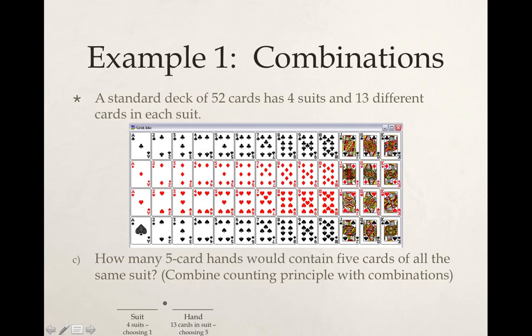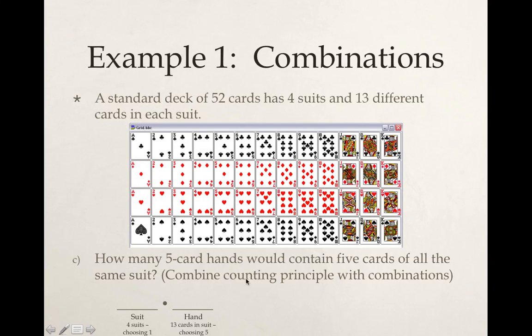Let's take a look at one more card example here. Now I want to know how many 5-card hands would contain 5 cards of all the same suit. So it's not just a flat out choose 5 from anything. We want to know if they're all the same suit.